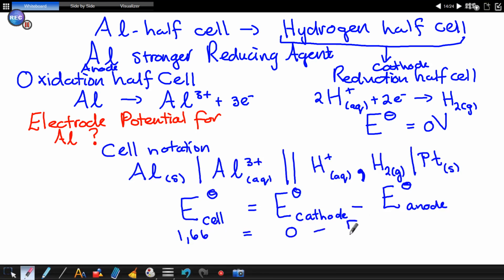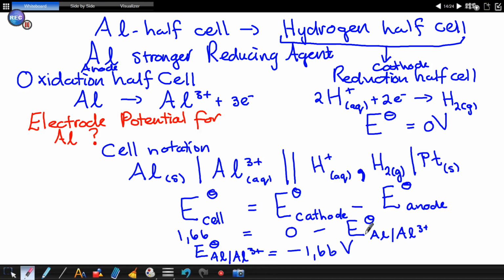What is the electrode potential for the aluminium / aluminium 3 plus? It will be minus 1.66 volts, and that is tabulated on the table of reduction potentials.